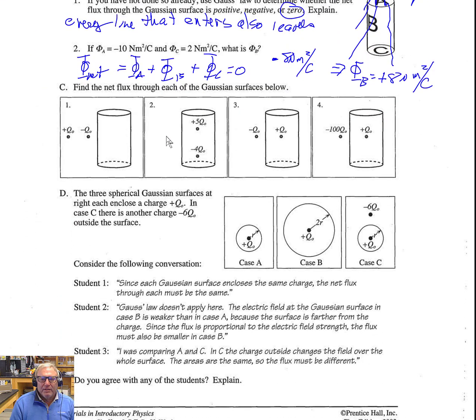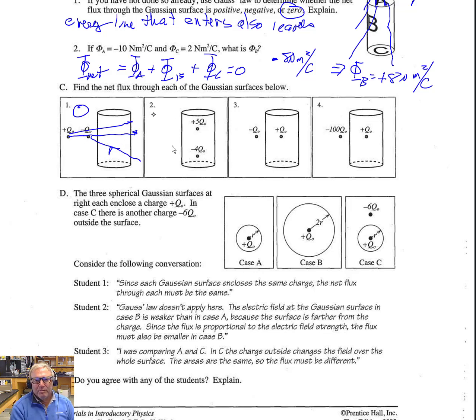Okay, find the net flux. Once again, it's 0. Does it say explain? No. But that's just because every flux line that enters, leaves.